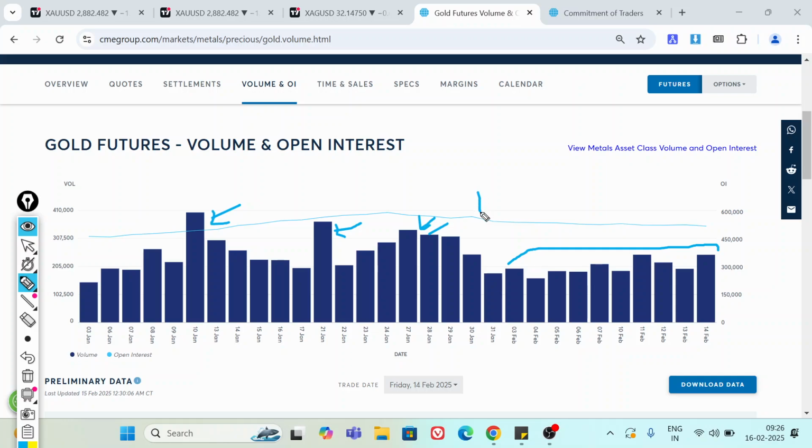Also, this blue line is the open interest line, and open interest is also going down. So volume is almost flat and OI is currently going down, which is not a favorable condition for bulls, and I think we have to wait and we can expect a pullback as per these two data.